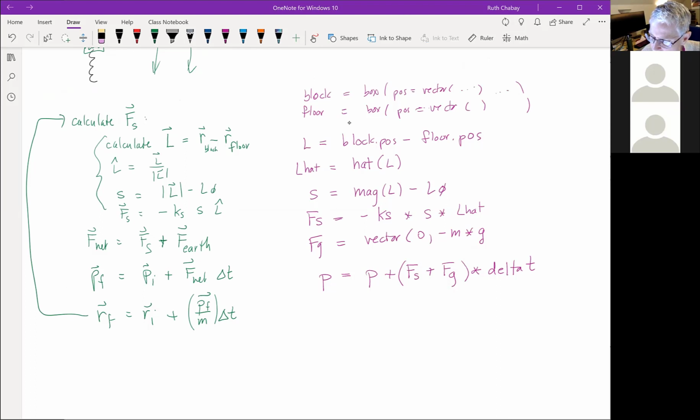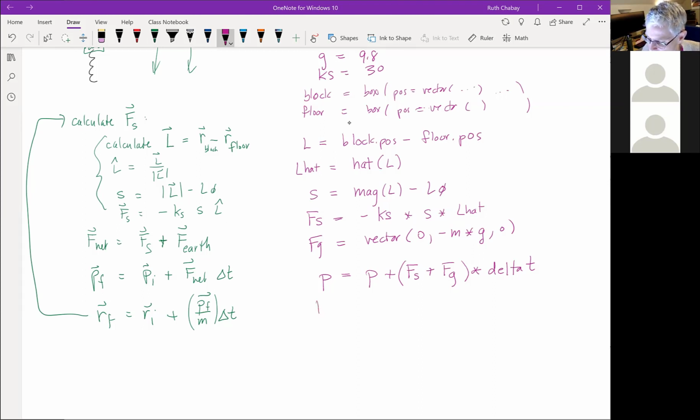So we've defined g equals 9.8 newtons per kilogram, Ks is whatever it is, 30 newtons per meter. And that's a momentum update. This is now the net force.